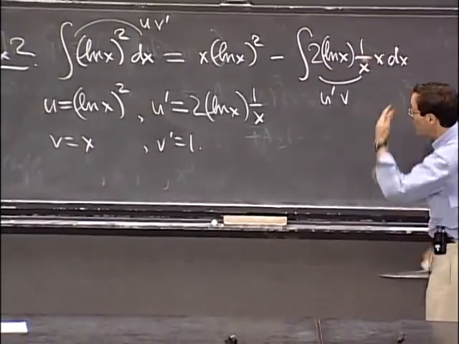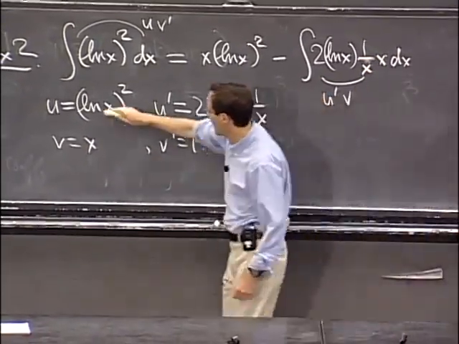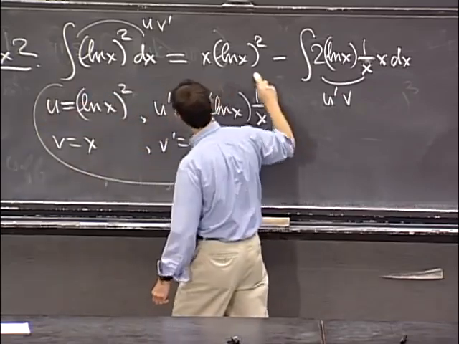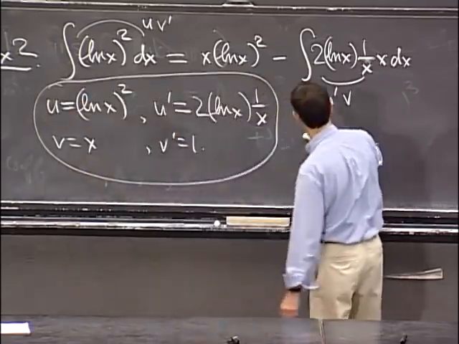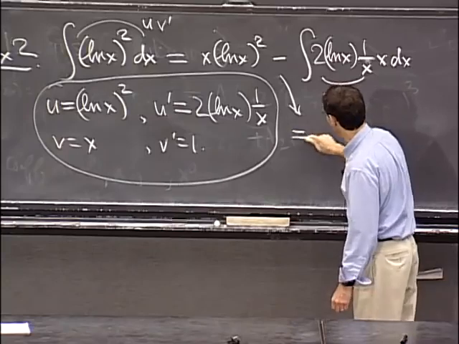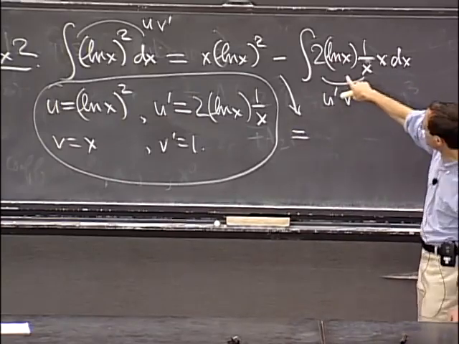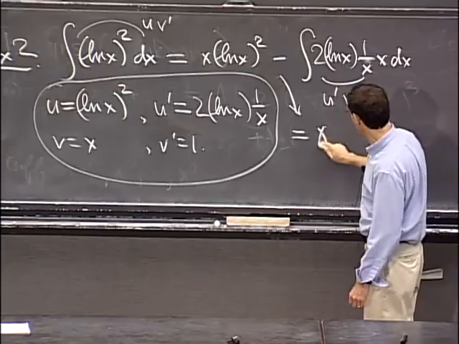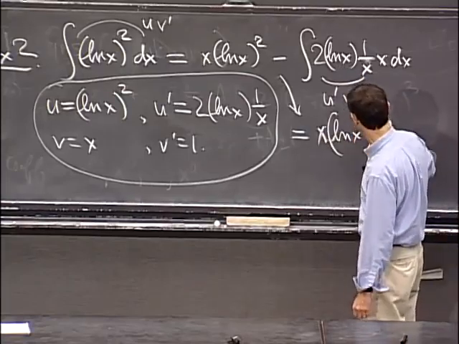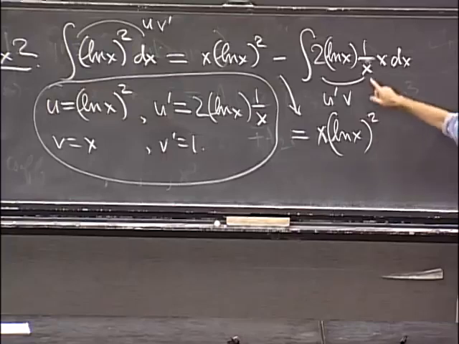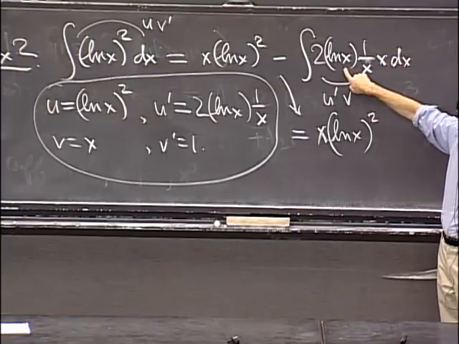And so now you notice something interesting happening here. So let me just demarcate this a little bit and let you see what it is that I'm doing here. So notice this is the same integral. So here we have x (log x) squared. We've already solved that part. But now notice that the 1 over x and the x cancel, so we're back to the previous case.